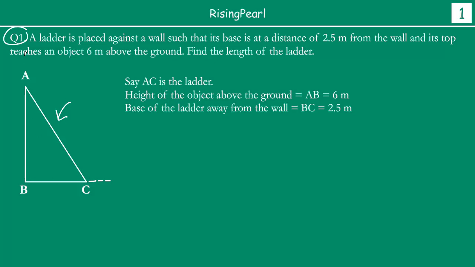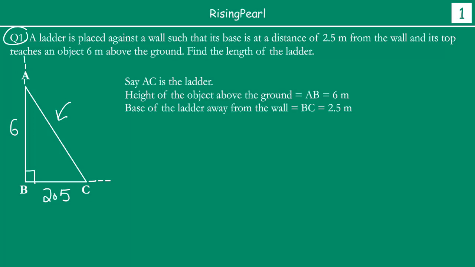And if you again think this way, this line is the wall and AB is the height of the object above the ground. So what is given? AB is given to be 6 meters. BC is 2.5. This is 90 degrees, and we have to find AC.